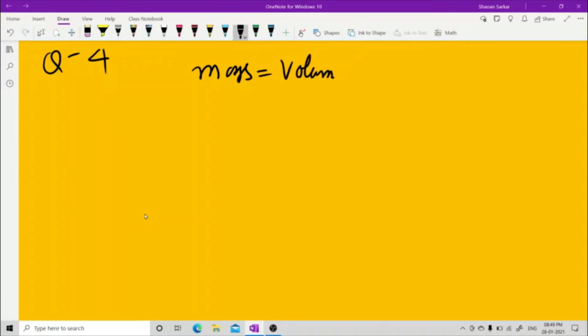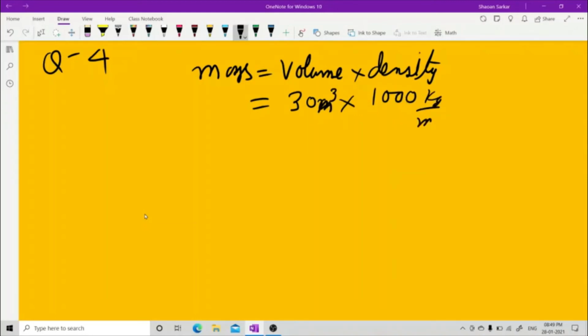Volume is 30 meter cube, and the density of water is 1000 gram per cc, that is 1000 kg per meter cube. So this becomes 3 into 10 to the power of 4 kg. This much water has been taken up.